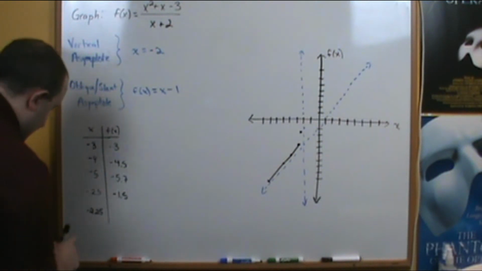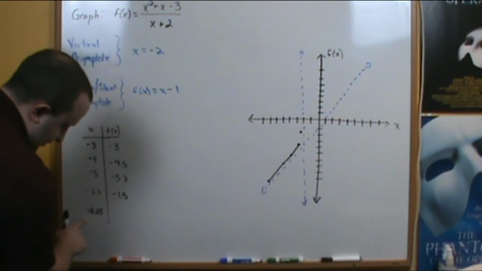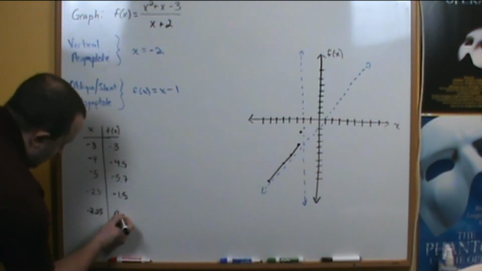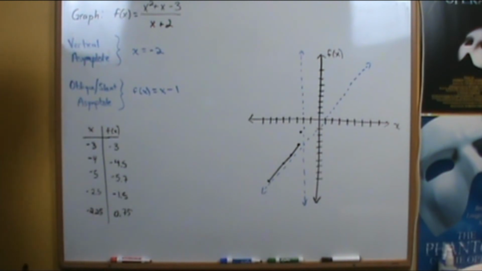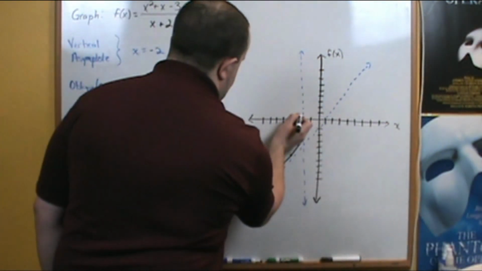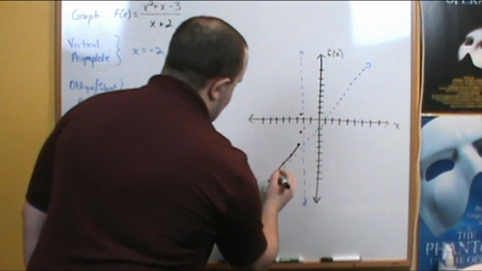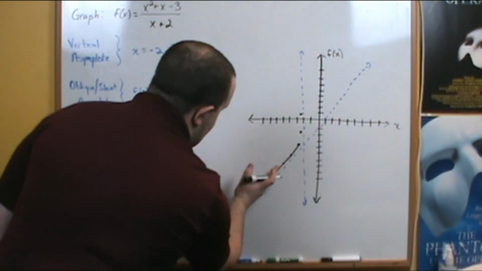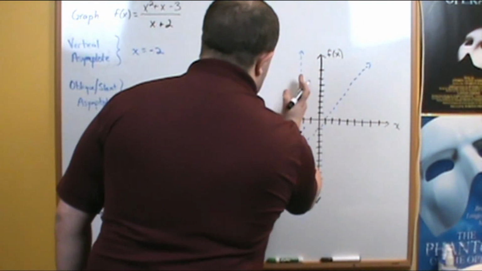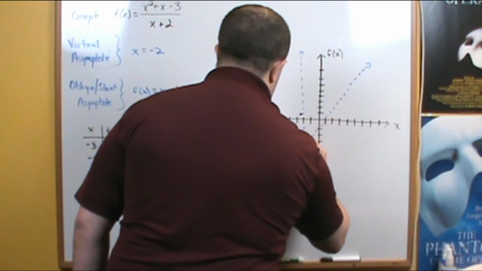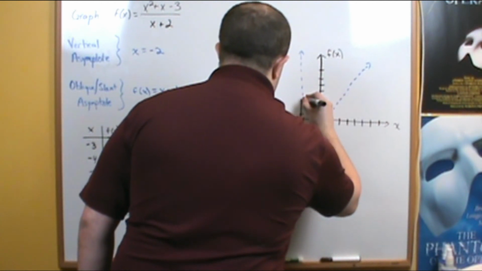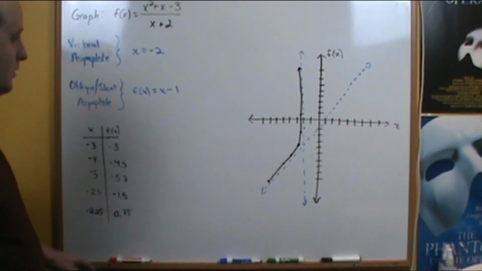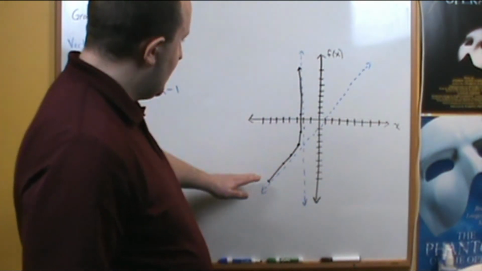And what we realize is if we evaluate the function f at negative 2.25, we'll get an f of x value of about 0.75. So that's going to be right about there. So this graph is pretty much laying on this oblique asymptote, and then it curves up and starts hugging this vertical asymptote. Like that.